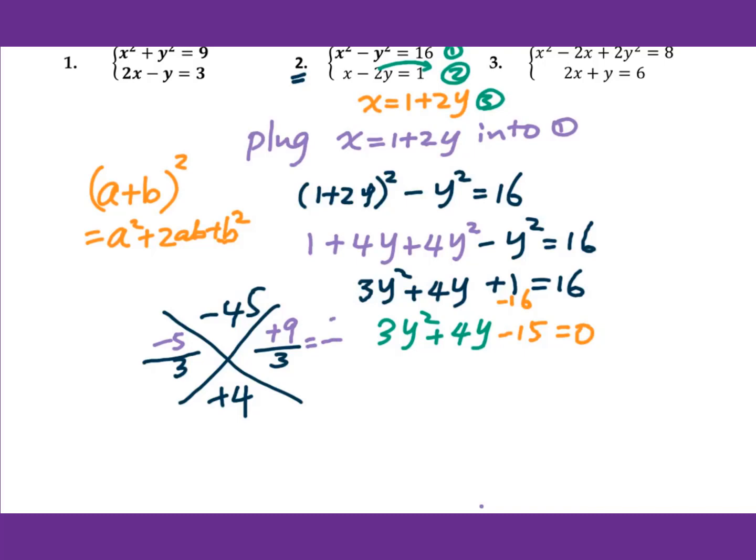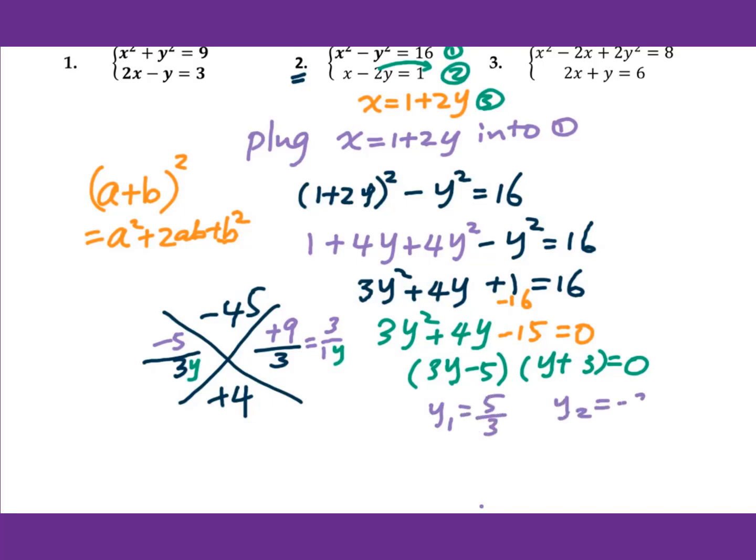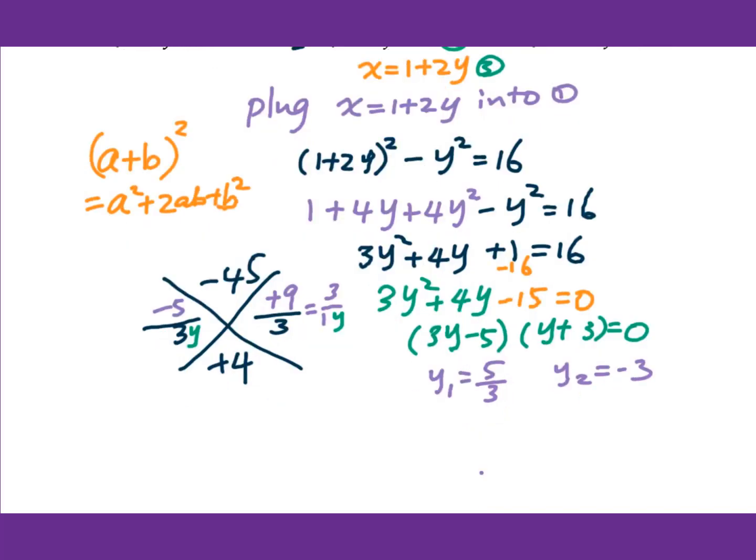Reduce, we get 3 over 1. The variable is y. So we get (3y minus 5) times (y plus 3) equal to 0. y1 equals 5 over 3. y2 equals negative 3.